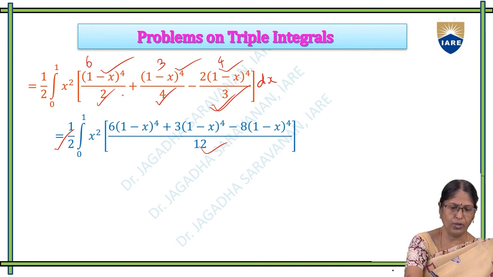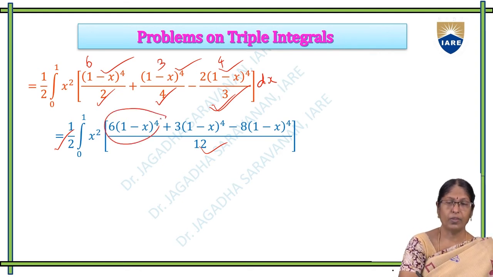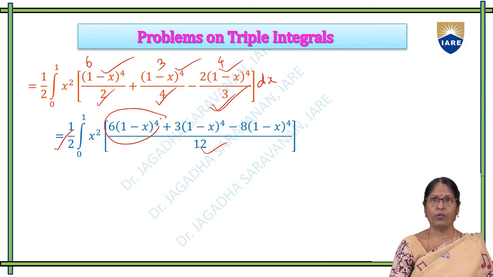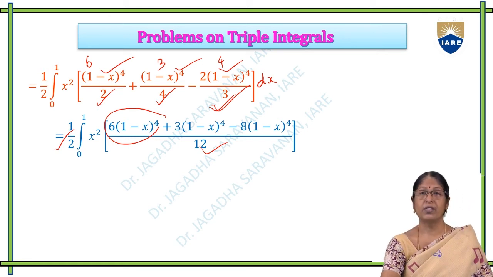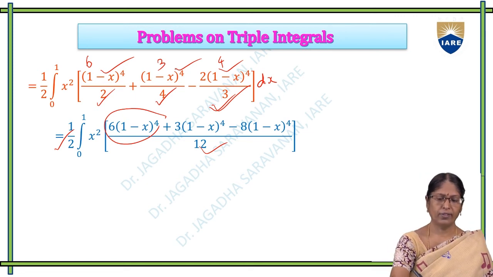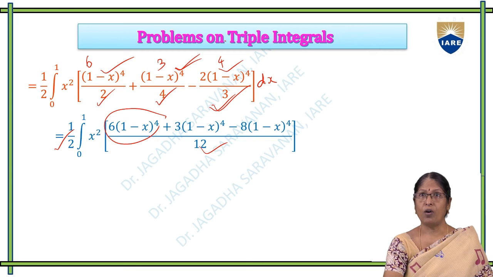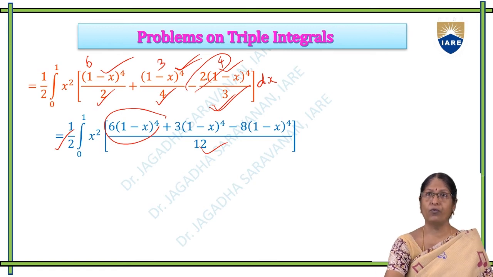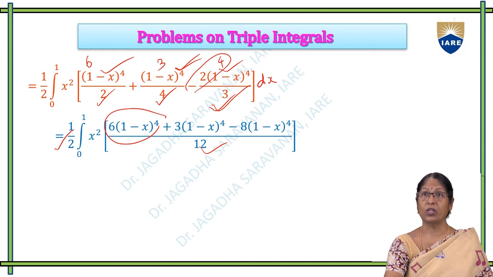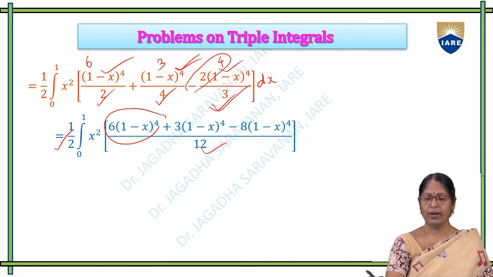So 6 into 1 minus x the whole power 4. So the first term is 6 of 1 minus x the whole power 4. The second one is 3 of 1 minus x the whole power 4. Whereas here minus 2 and 4, minus 8 of 1 minus x the whole power 4 dx.